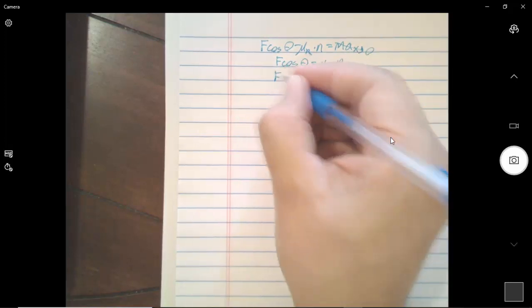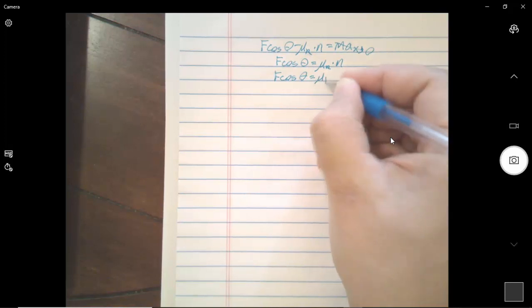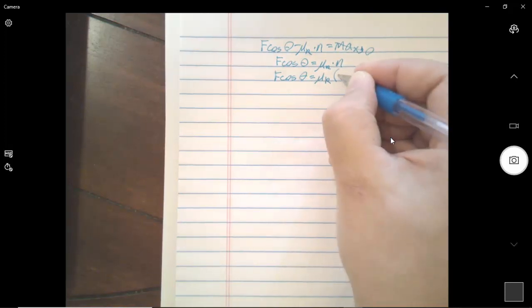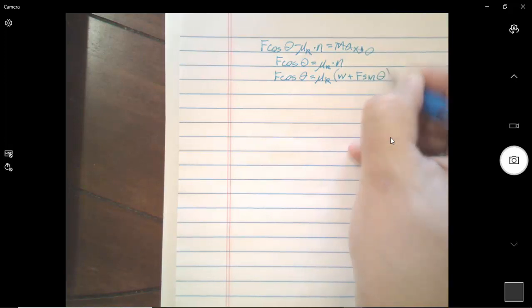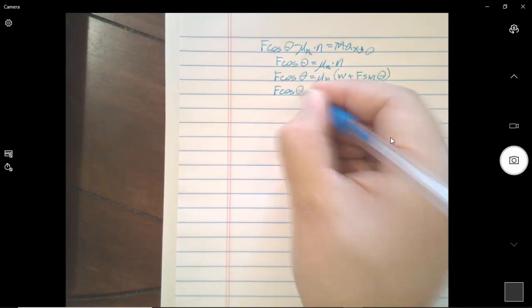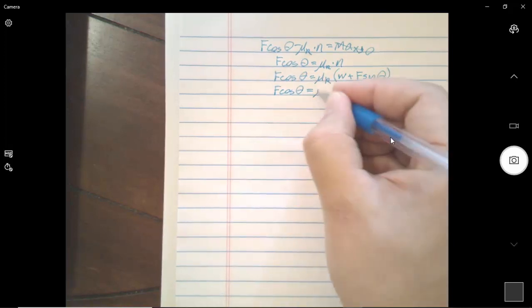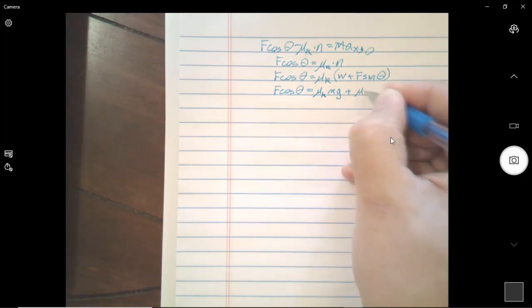The solution for the normal force is the same as before too. So it's mu k times weight plus F sine theta. We still have F cosine theta on the left, mu k mg plus mu k F sine theta.